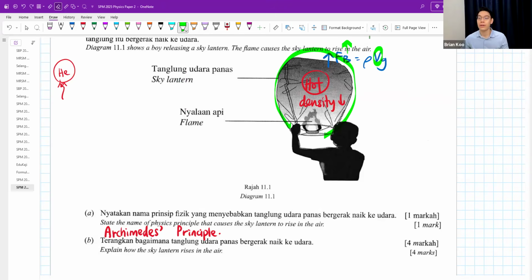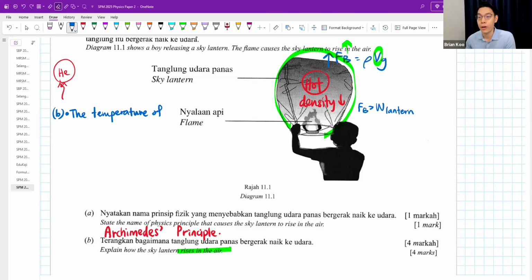Okay, and how does it rise up? Because the F_B is bigger than the weight of the lantern. That's why it can rise up. Okay, so there's so many points to say. Number one, you can say, maybe I write here, the temperature of air in the sky lantern is high.